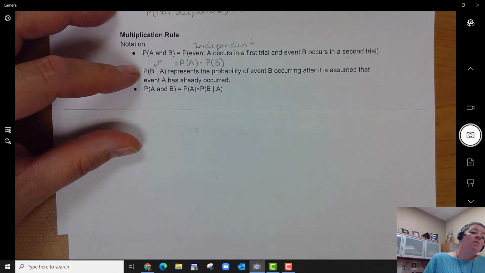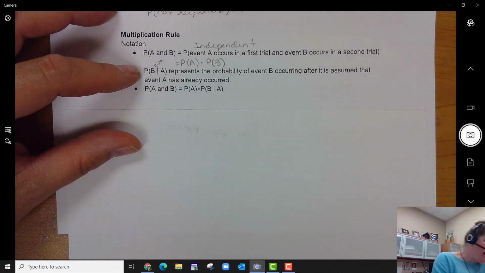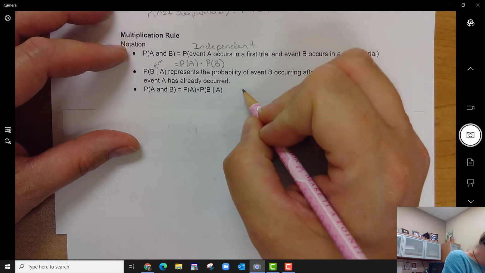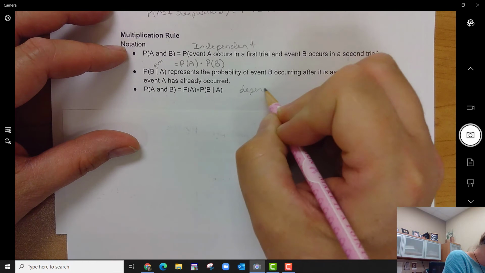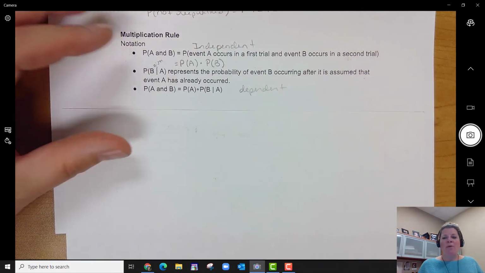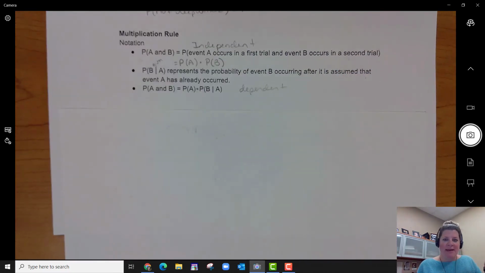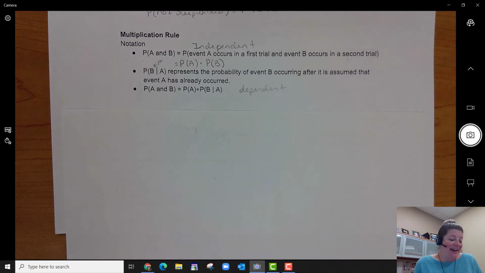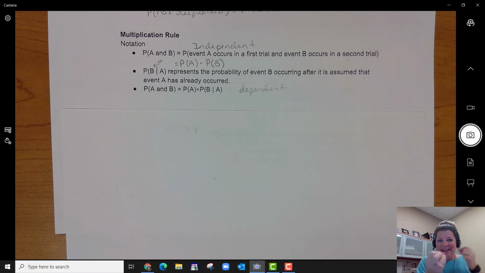So this is important because if we have dependent events, a lot of the ors we could just add them, but some of them we had to subtract where they overlapped, right?